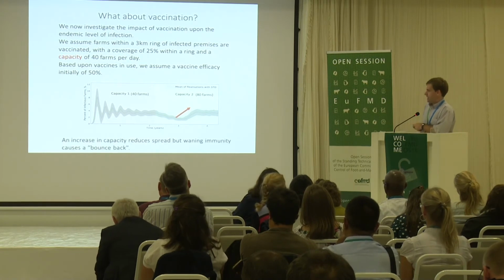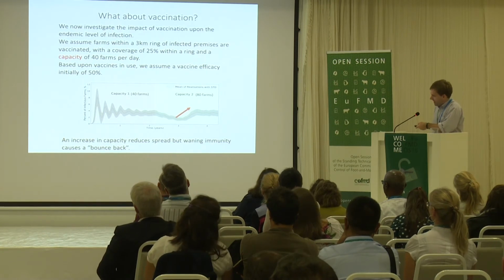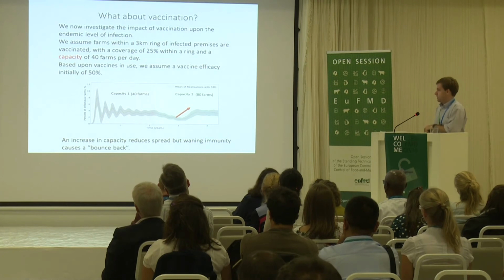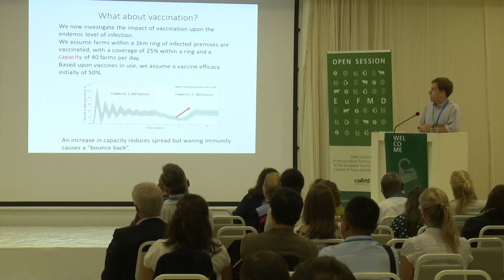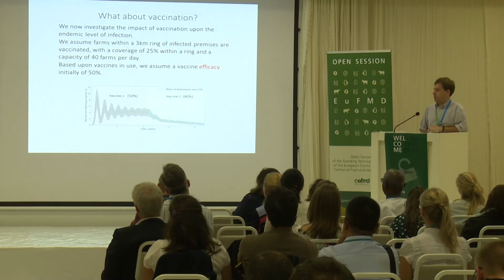Having looked at this, we believe this is some impact of waning immunity. We're not getting enough reduction, and then when farms start to become susceptible again, we're getting it bouncing back, which was quite unusual.